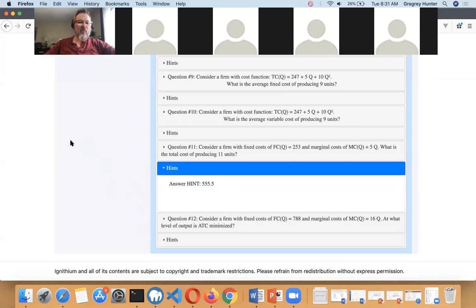Notice that where Ruben has 11 there, we could just use Q generally, and we'd end up with the variable cost function, right? So let's go ahead and do question 12 and bear that in mind.